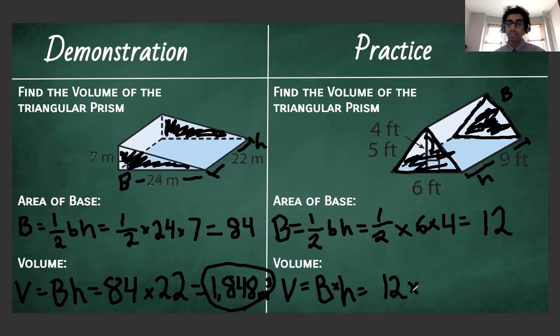And the distance between the two bases was 9. So if I did 12 times 9, I would get 108. And then I would include my units, feet cubed. And that would be my solution to the volume of this triangular prism.